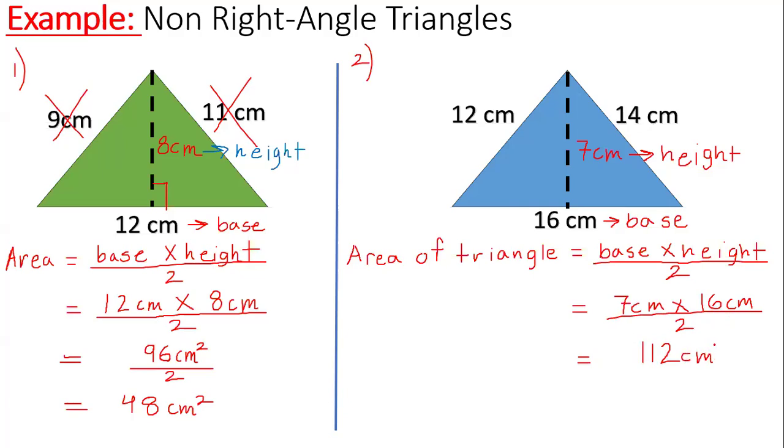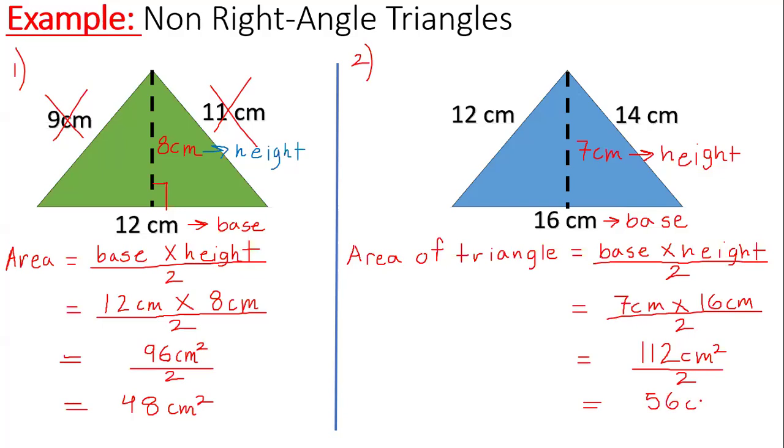Centimeters squared. And we have to divide that by 2, or halve it, right? And when you divide it by 2, what do you get? 56 centimeters squared.